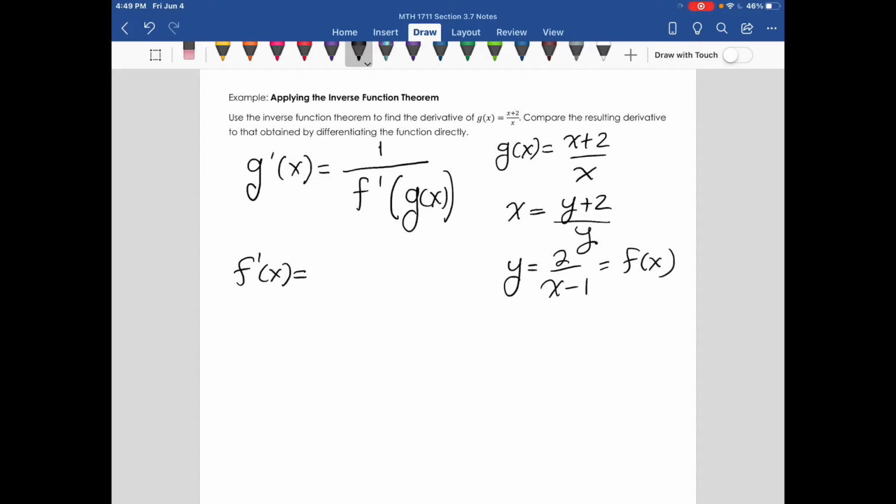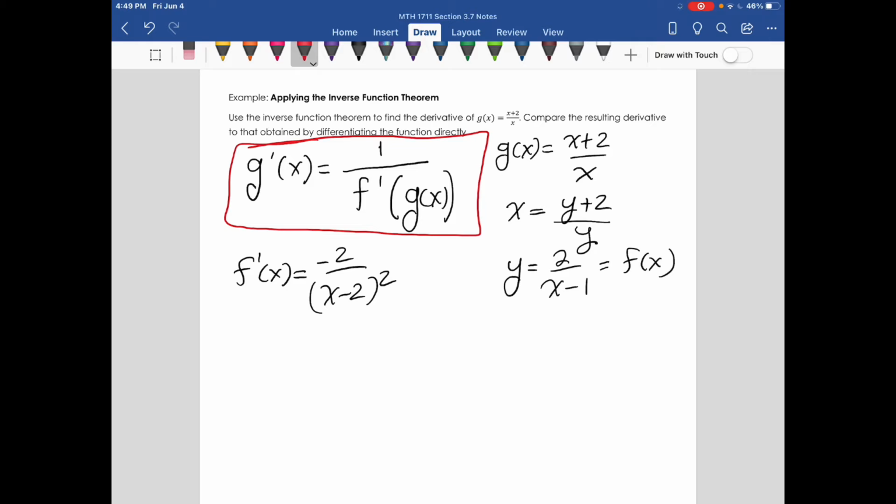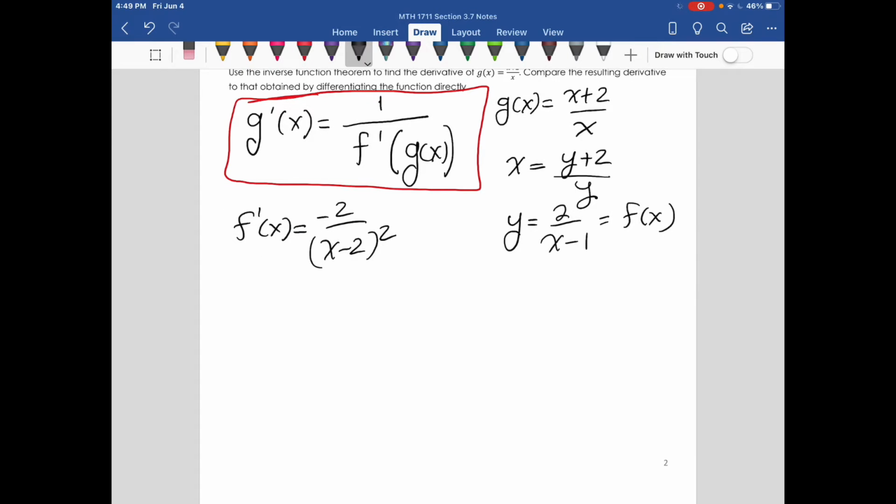So now I have to take the derivative of f of x. We can use the quotient rule, and when we do that, we get the derivative is negative 2 over x minus 2 squared. Now, once we get the derivative of the inverse, we take the reciprocal of the inverse and then evaluate it at g of x.